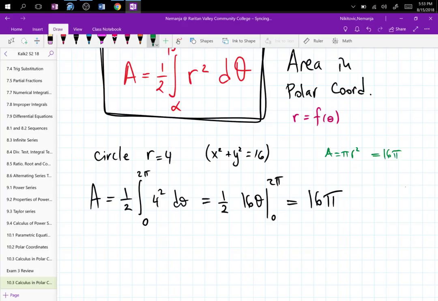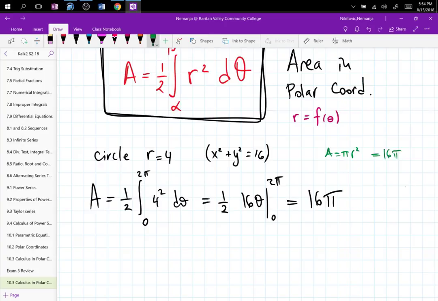Well, we have to talk about mechanics of how to set up and deal with the integral, but this is the cheapest problem that you can get. Polar coordinates are designed to work with circles and round objects. Therefore, the equation for the circle is going to yield the easiest possible integral for you to solve.